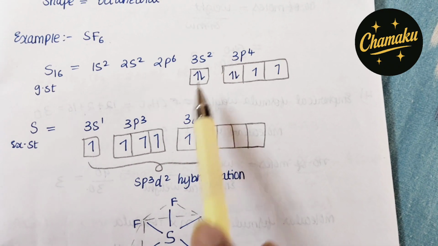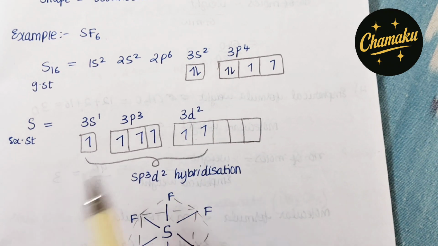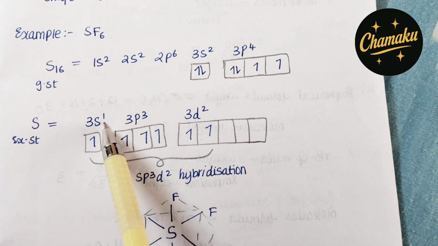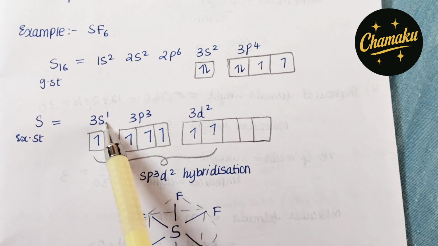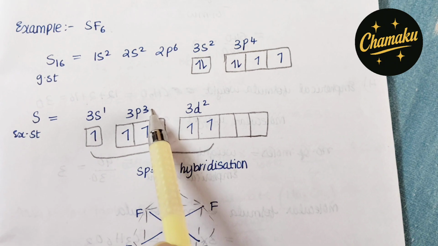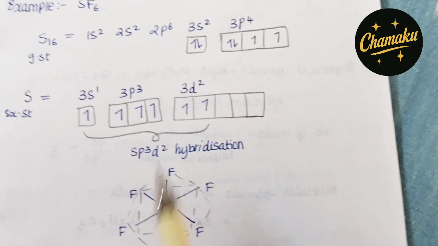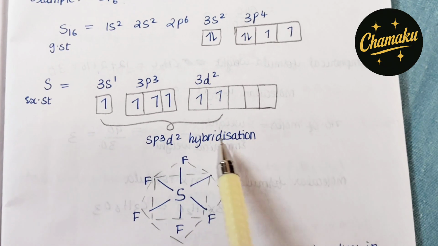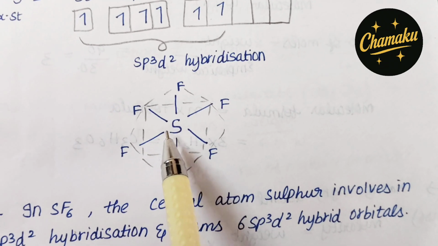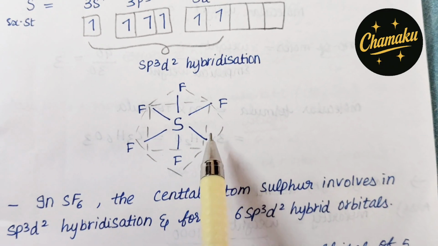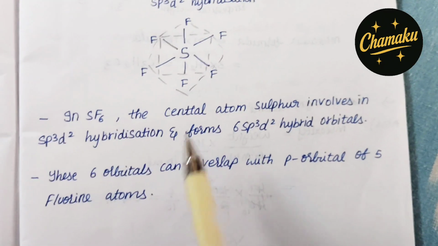So we have in total 1 electron in the s orbital, 3 in the p orbital and 2 in the d orbital. This total combines to sp3d2 hybridization, and this is the diagram of SF6, and these are the points.